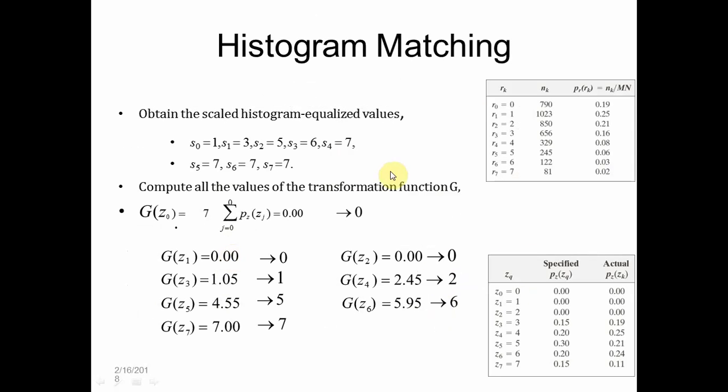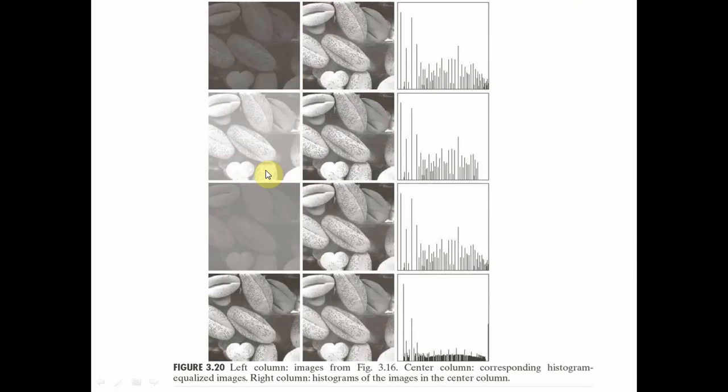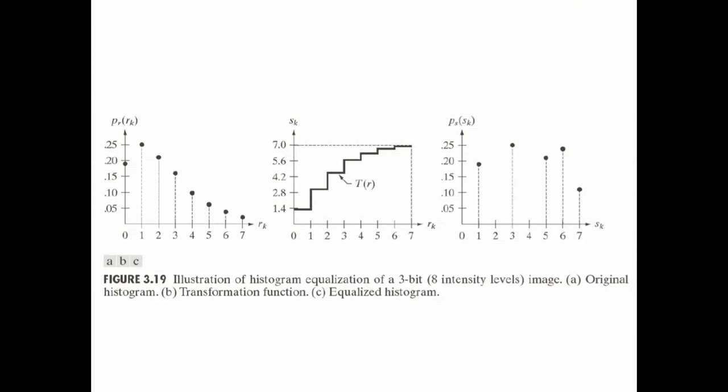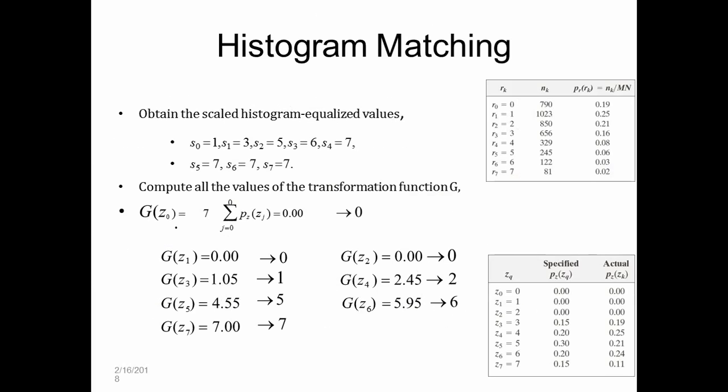So we'll proceed. After equalization, we had found that s0 is 1, 3, 5, 6, 6, 7, 7, 7. So you have a new value after histogram equalization. Okay, what will it be?